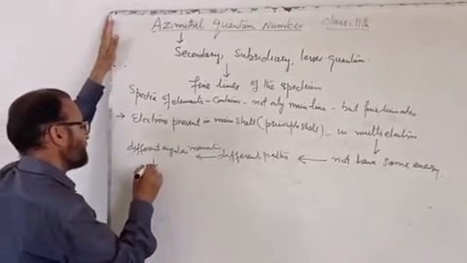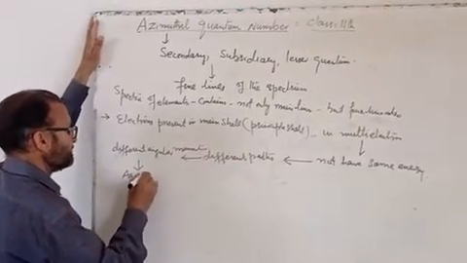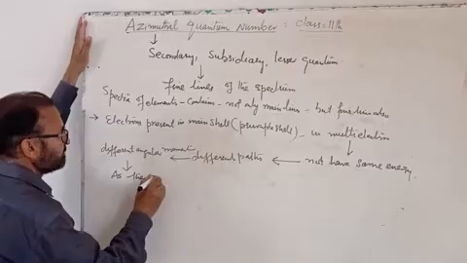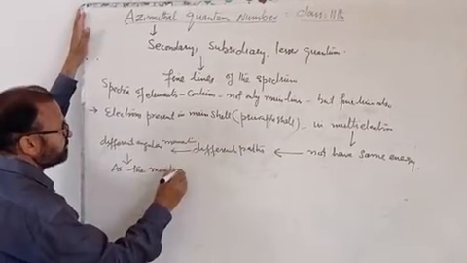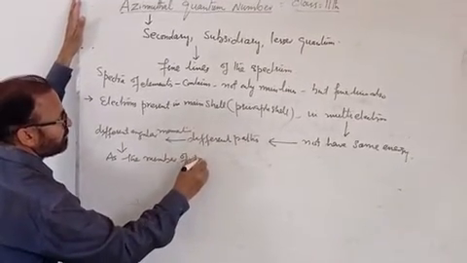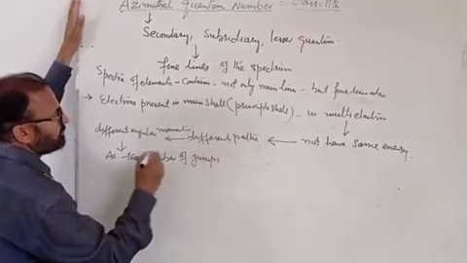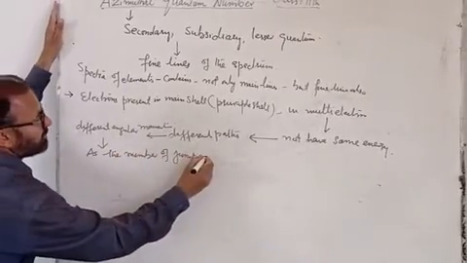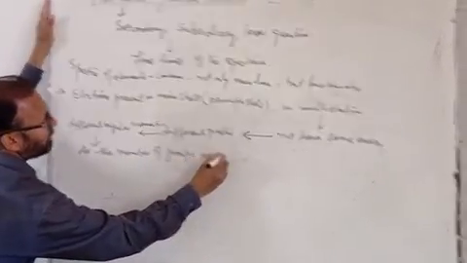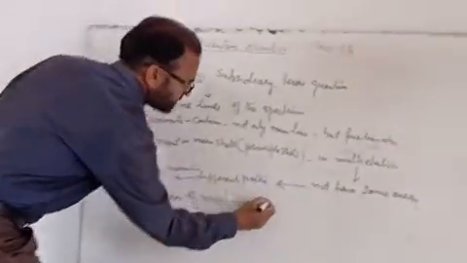As the number of jumps increases, so does the number of lines.